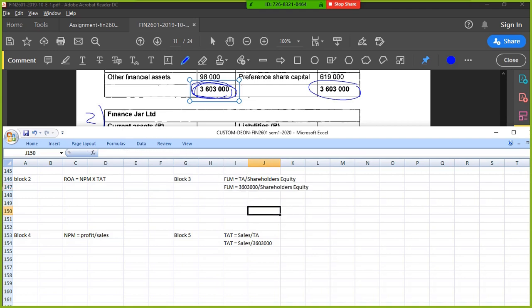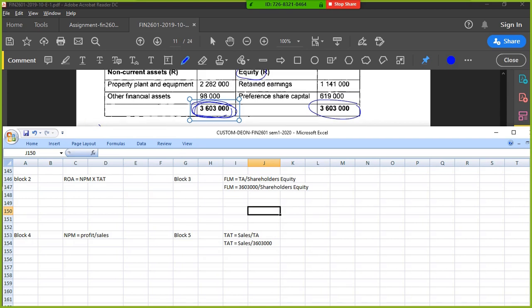3603123. Equity, I've got it. Equity is retained earnings plus preference share capital, those two figures. So in brackets, 1141 plus 619, close brackets. I can already work out this one.